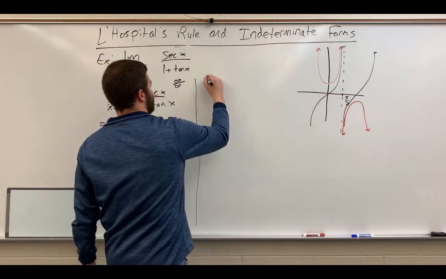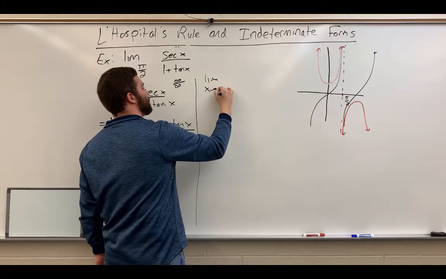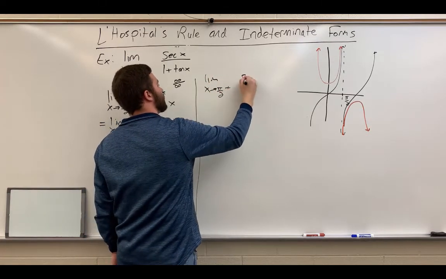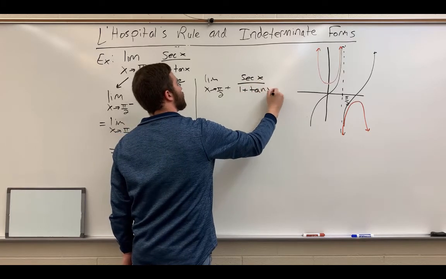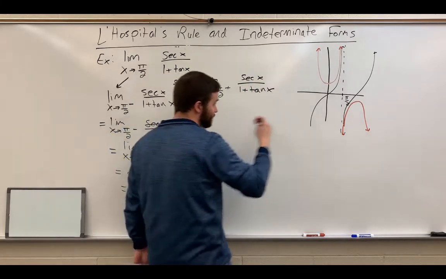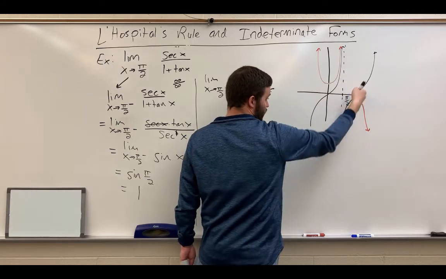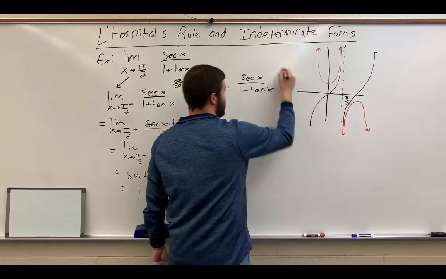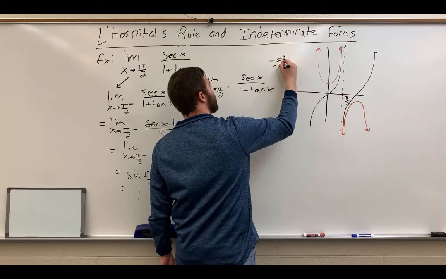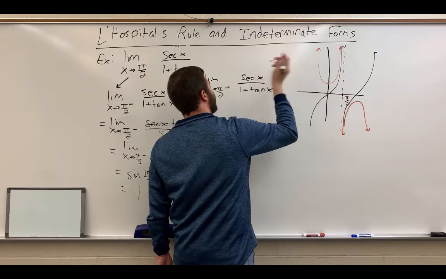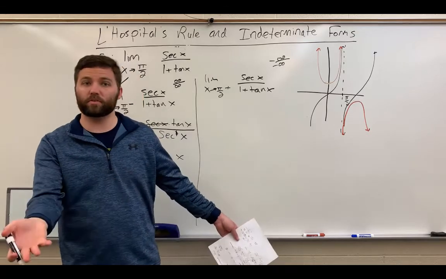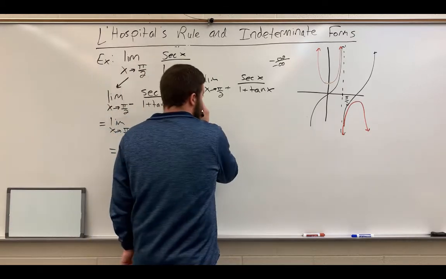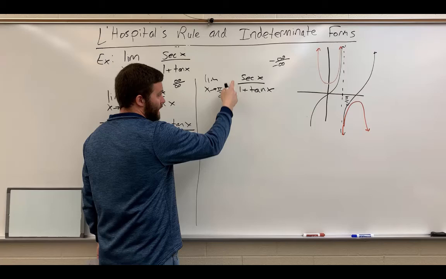Okay, so let's look at the limit as x approaches pi over 2 from the right of secant x over 1 plus tangent x. From the right-hand side, from the positive side, they're both going to negative infinity. So this is a negative infinity over negative infinity indeterminate form, and that's fine. We can still use L'Hopital's rule, and you can see that all of the algebra will be the same.